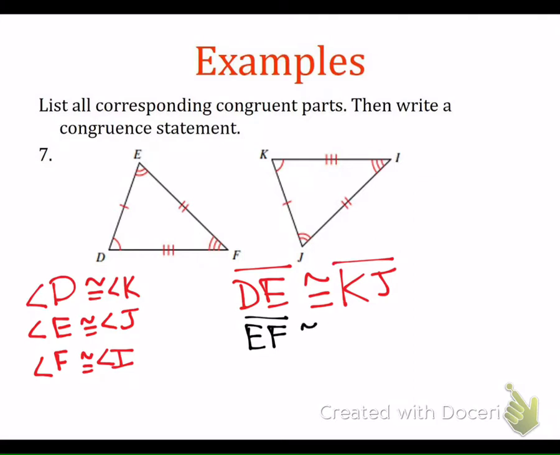Good. And then from 3 back to 1, F to D. FD is going to be congruent to IK. Yep.